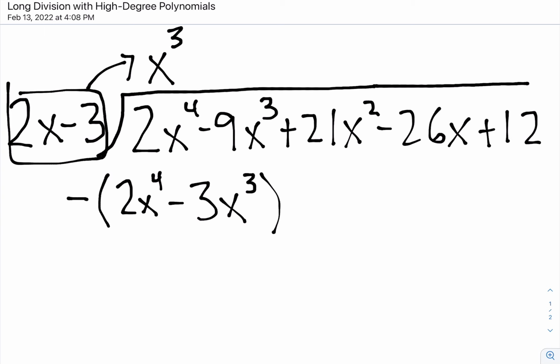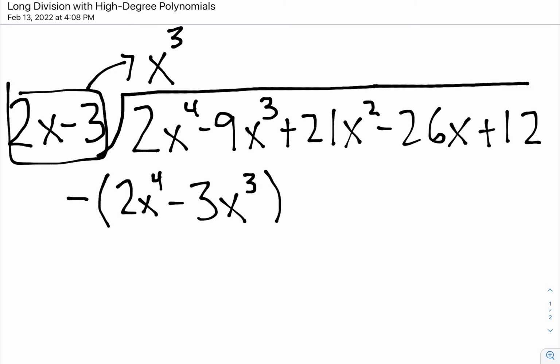That's the first step: what degree of x, or whatever the variable is, can we multiply the divisor by to give us the same degree as the first term inside the dividend? So we have x cubed up top.